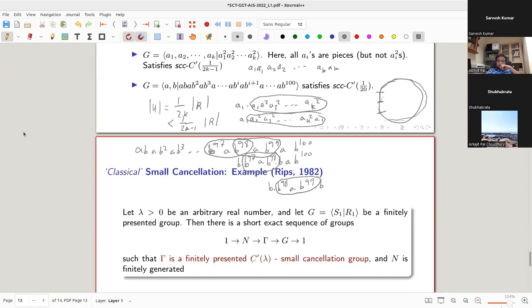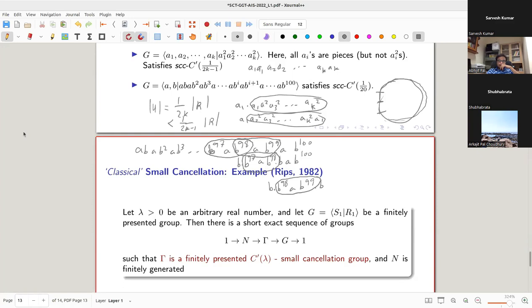It is 198, right? And what is the length of the relator? Say a appears 100 times, so 100 plus b appears n into n plus 100, right? So something more than 5,000, right? And what is the length of this? Something less than 200, right?